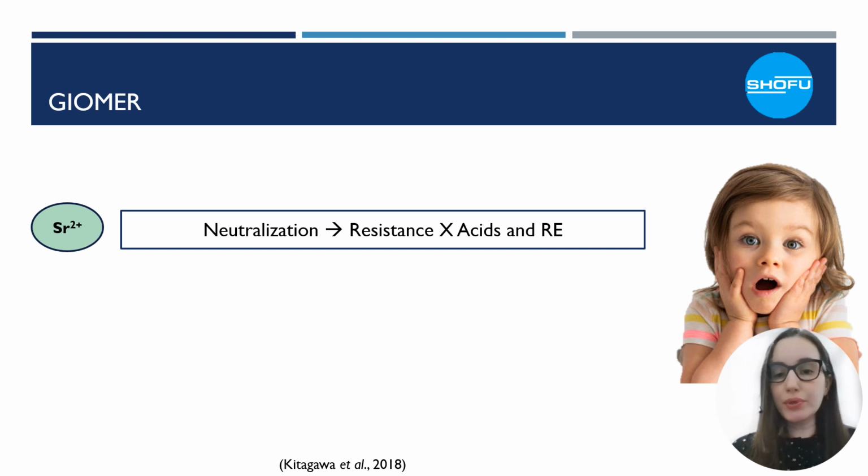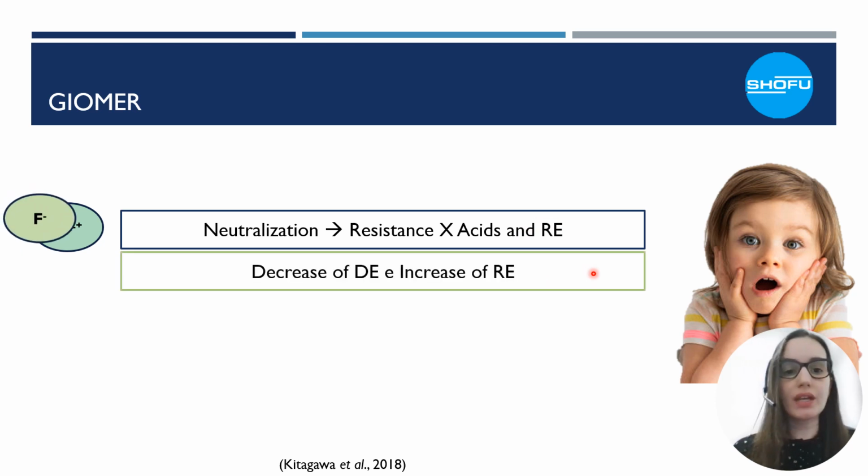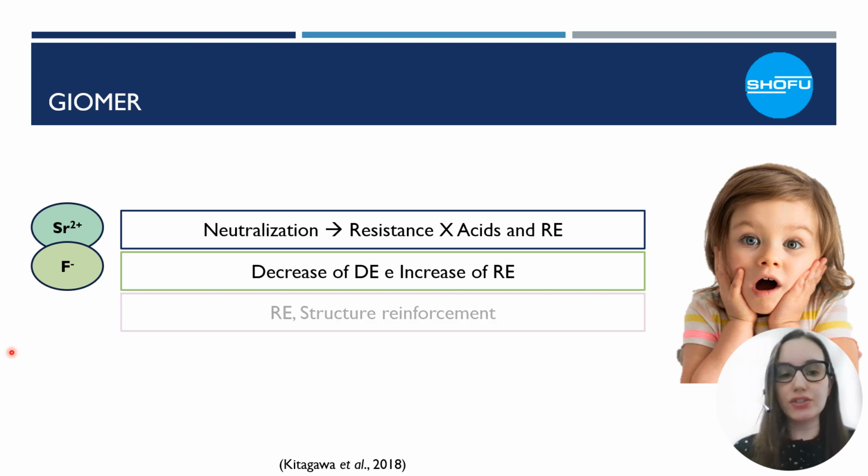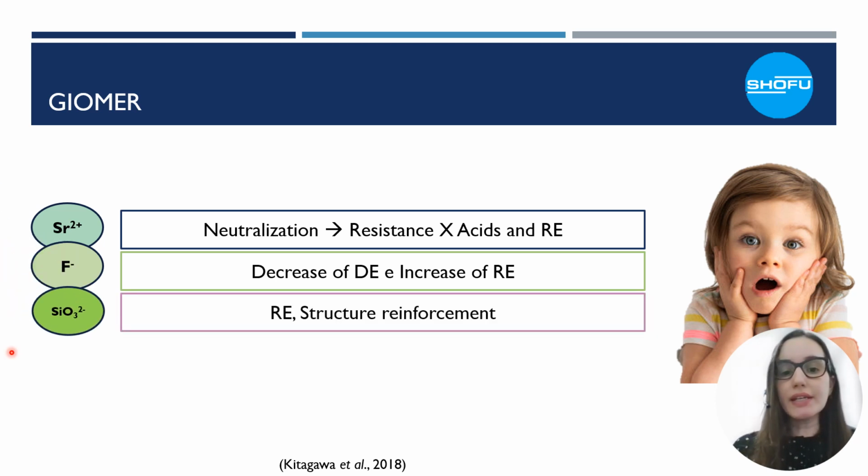Strontium will work in neutralization and resistance against acids, and also in remineralization. The fluoride will work in the decrease of demineralization and increase of remineralization. Silica will work in remineralization and on structure reinforcement.